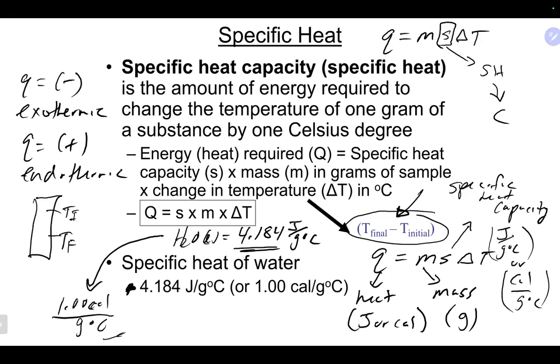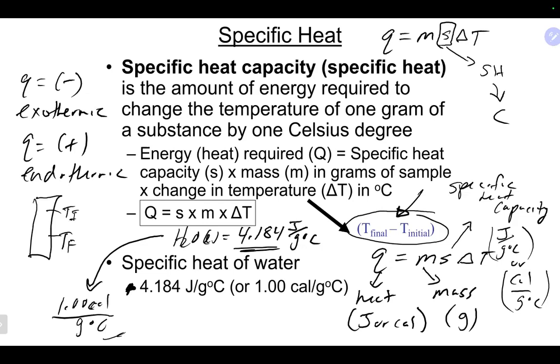If I have a high specific heat capacity, does it take more or less energy to change the temperature of a substance? A high specific heat capacity takes more energy to change the temperature. That's basically what specific heat capacity is, the amount of energy required to change 1 gram of the substance by 1 degree Celsius.